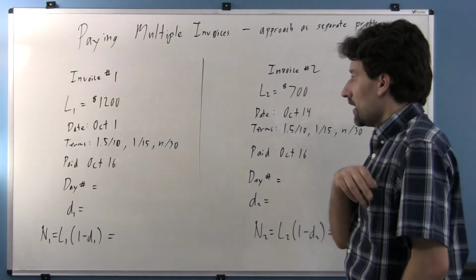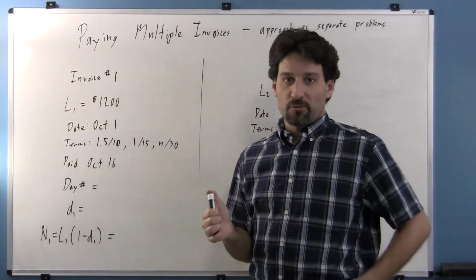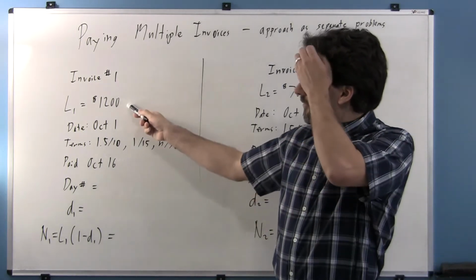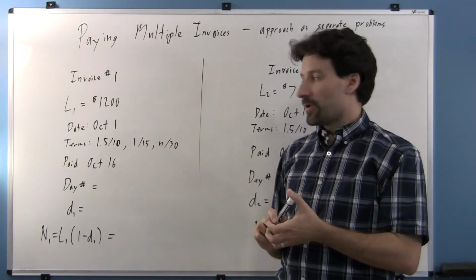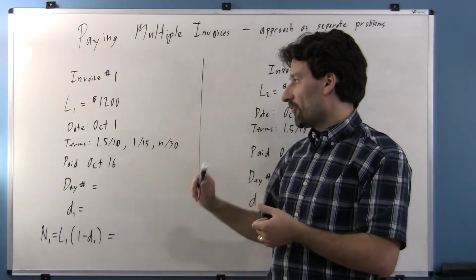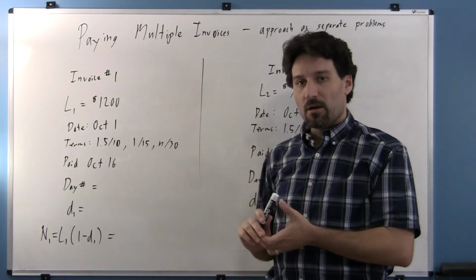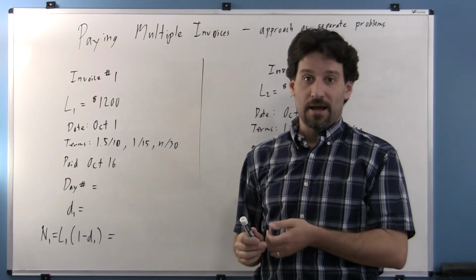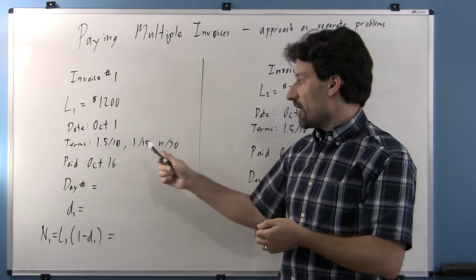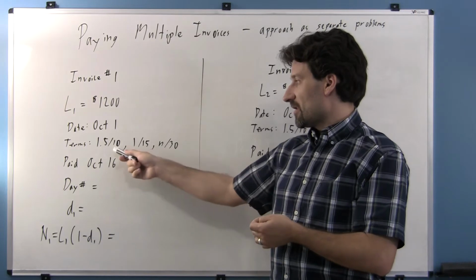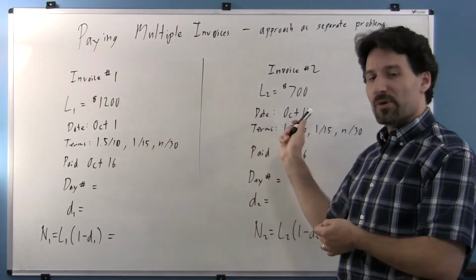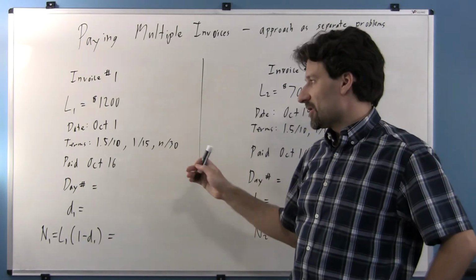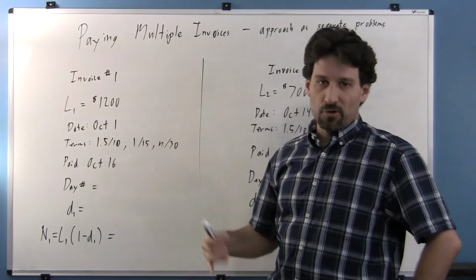Okay, I've listed a bunch of the information already. Feel free to pause and try it yourself if you like. Our first invoice is for $1,200, dated October 1st, paid October 16th. So what day number is that? Because we have two different invoice dates and one payment each time, I think it makes sense to figure out what day number October 16th is.